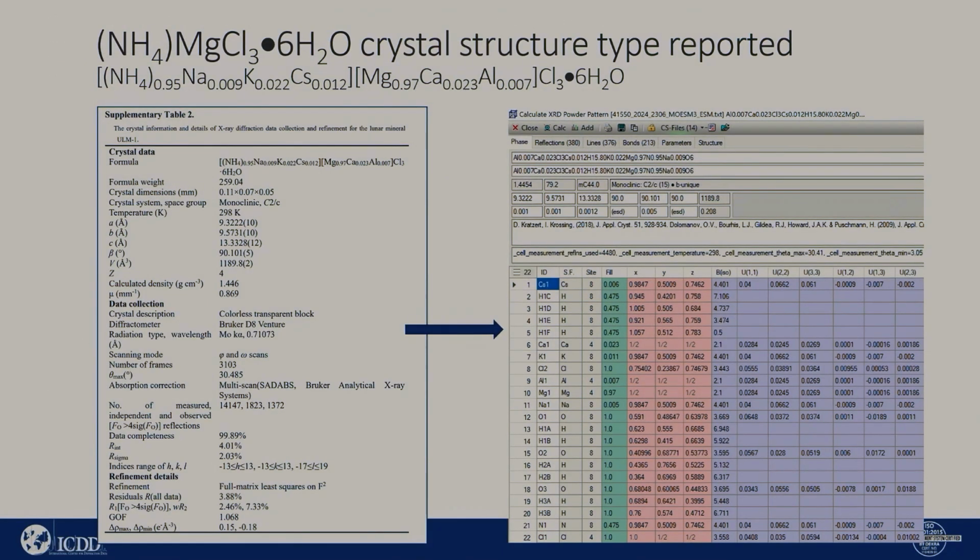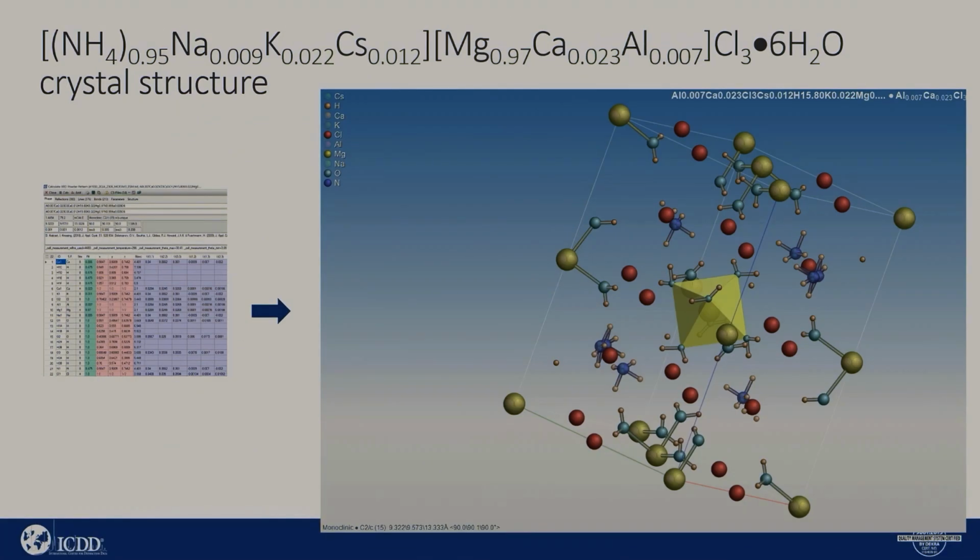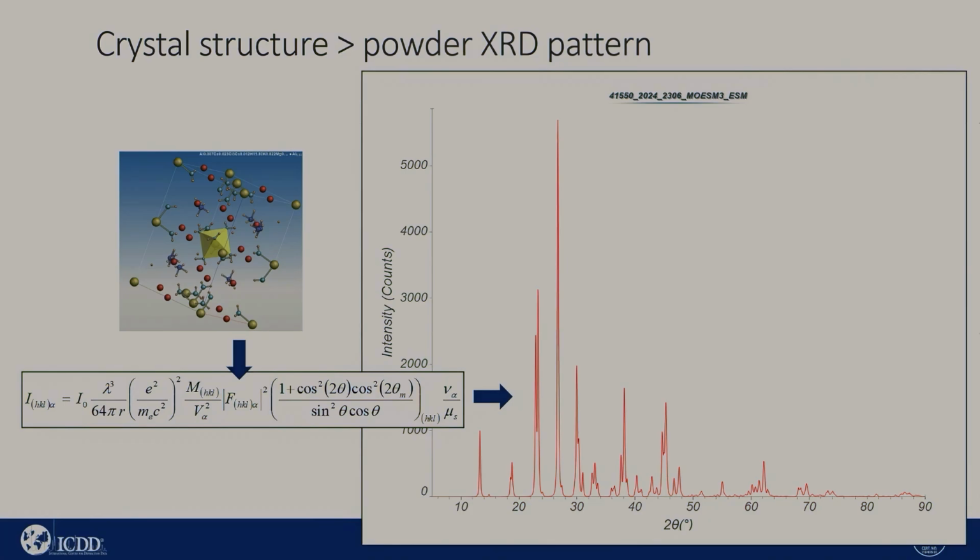And so, there's a crystal structure that was performed, and then this was the reported structure type, okay? And when you have a crystal structure, you can get a CIF file. And with the CIF file, you can import that into a diffraction program. And in this case, we can take this, say this is what the structure looks like, and you can calculate a powder pattern from a crystal structure. So these are the things you can do in JADE.